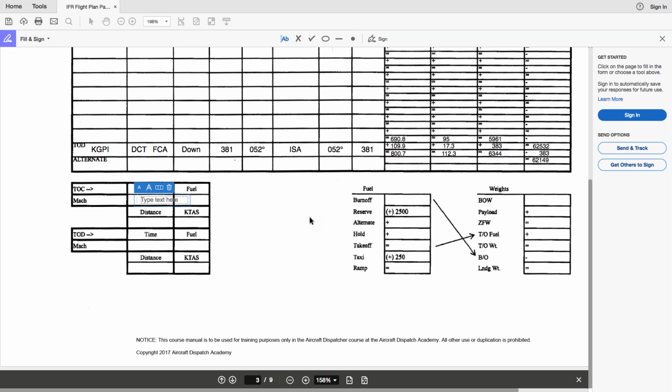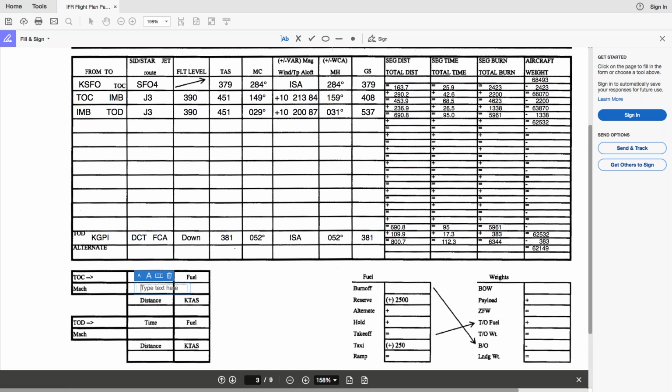Now the rest is just filling out information that we already compiled, right? So our top of climb, our time was 25.9. The fuel was 24.23. The distance, 163.7.